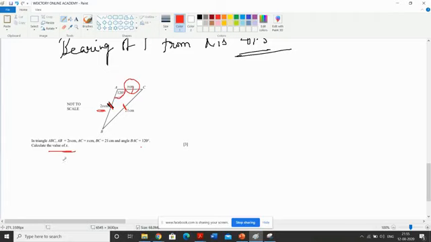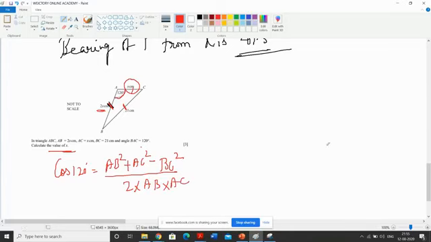So let's use cosine rule. Cos of 120, so cos of this angle, is equal to AB square plus AC square minus the opposite side square, which is BC square, over twice of AB multiply AC.